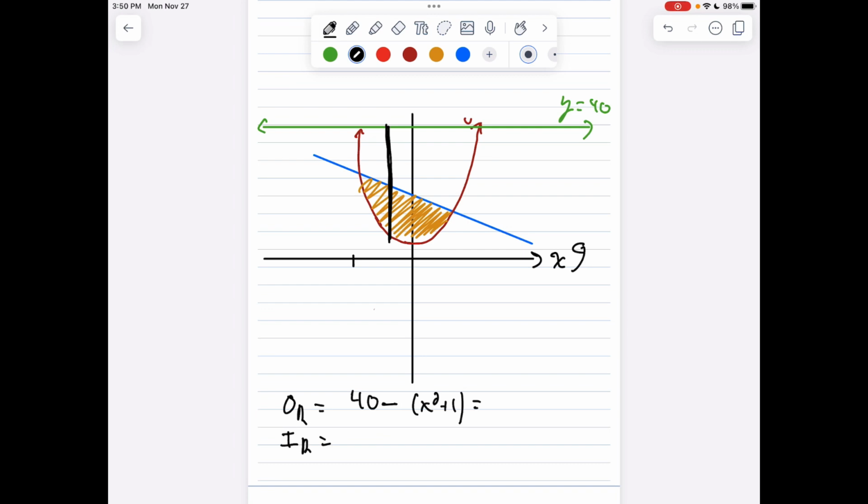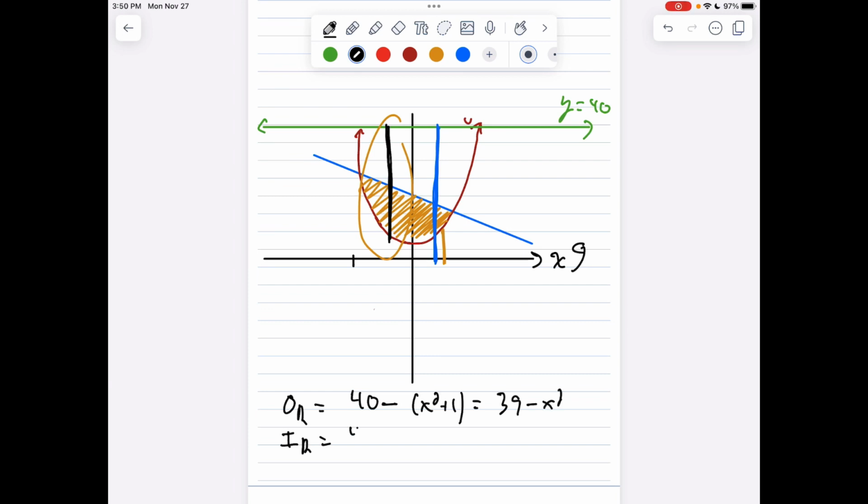We get that by taking this whole distance, which is 40 units, minus this distance, which is x squared plus 1. In other words, that would be 39 minus x squared.